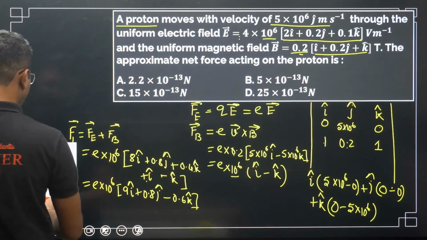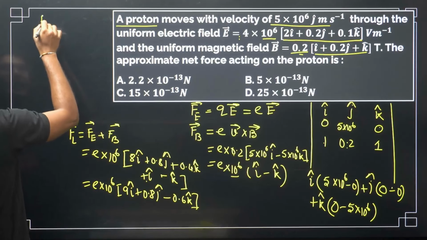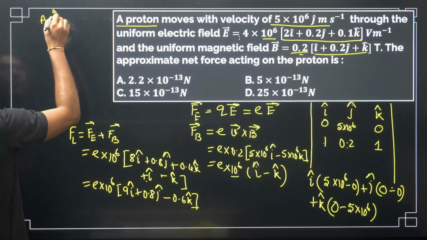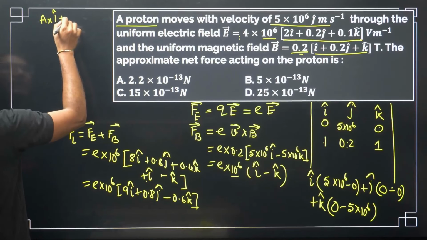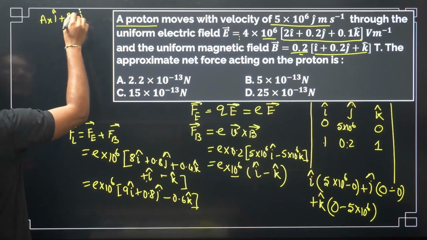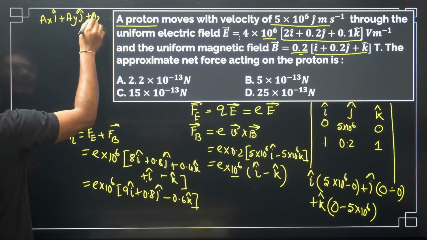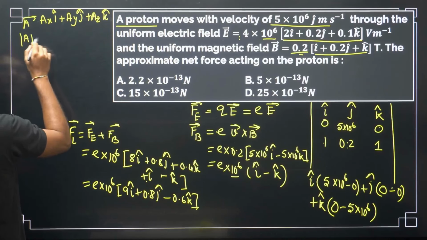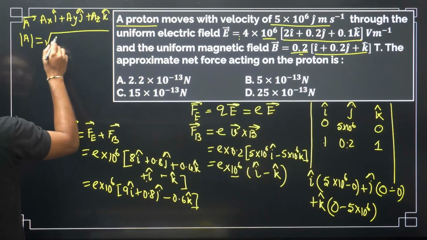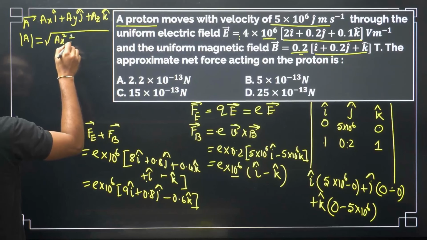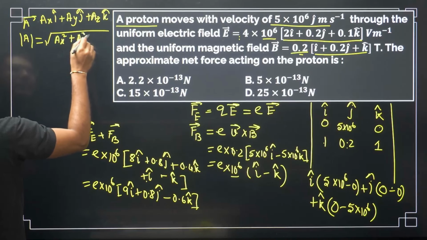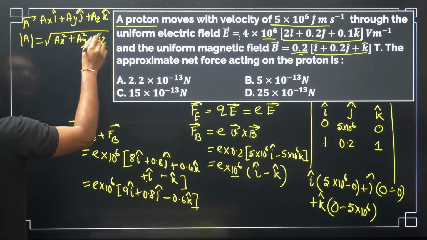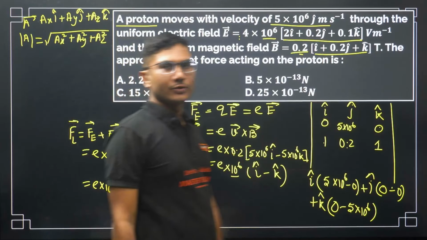If you have a vector A = Ax I cap plus Ay J cap plus Az K cap, then the magnitude of A is given by the square root of Ax square plus Ay square plus Az square, right? This is how you find the magnitude of a vector.